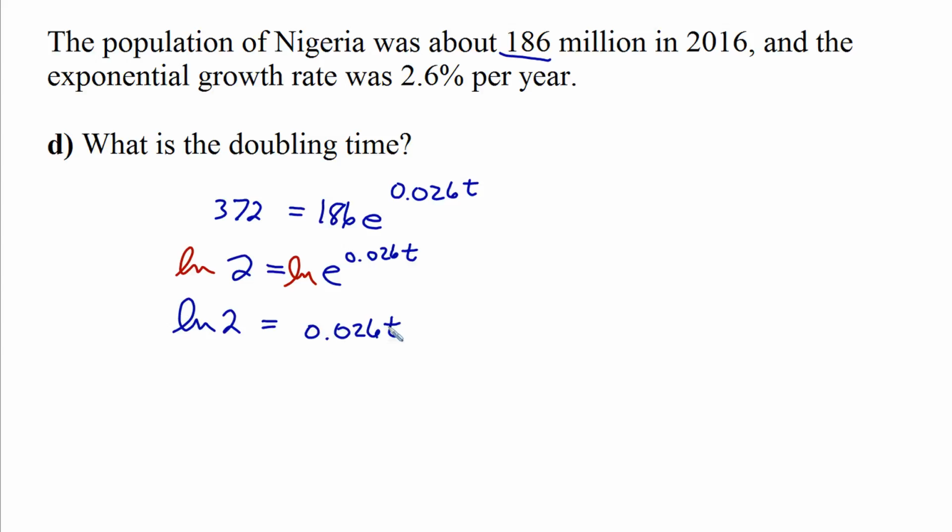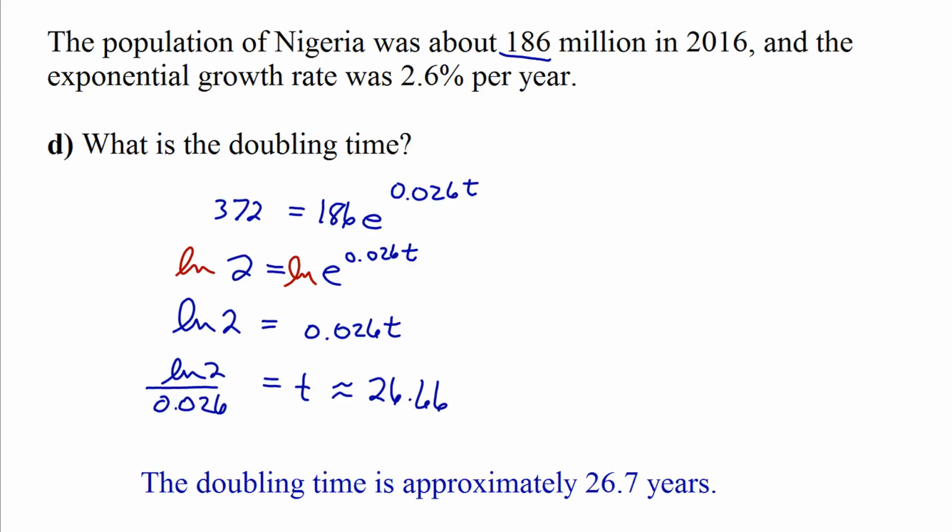And finally, dividing both sides by 0.026 gives us the natural log of 2 over 0.026 is equal to t. Typing this in our calculator, we get approximately 26.66. So this time they're not asking for which year, they're just asking what is the time to double. Therefore, the doubling time is approximately 26.7 years.